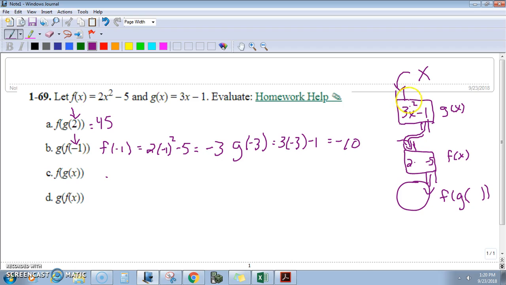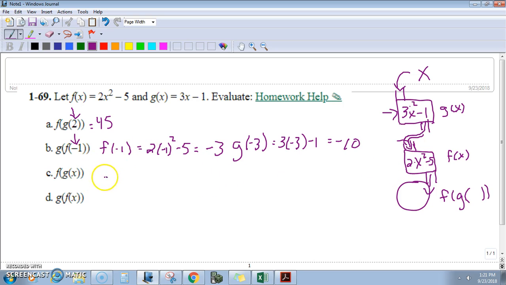So if my first input is x, this doesn't change at all. And what happens is, when we take, I keep saying g first, when we take f of g of x, since nothing changes in g of x, that whole equation becomes our input into f of x.